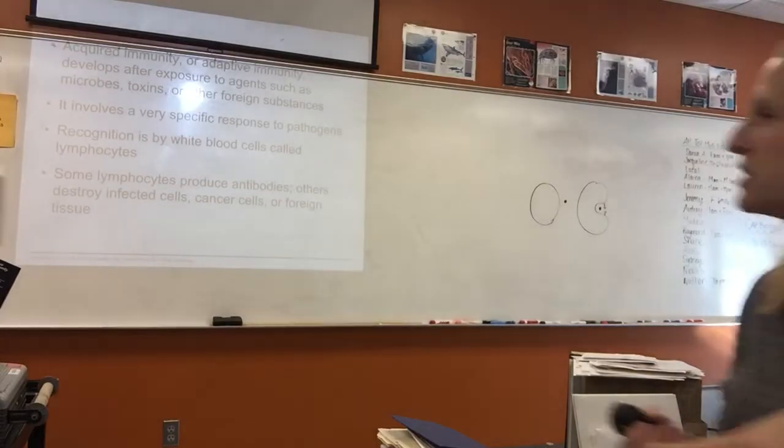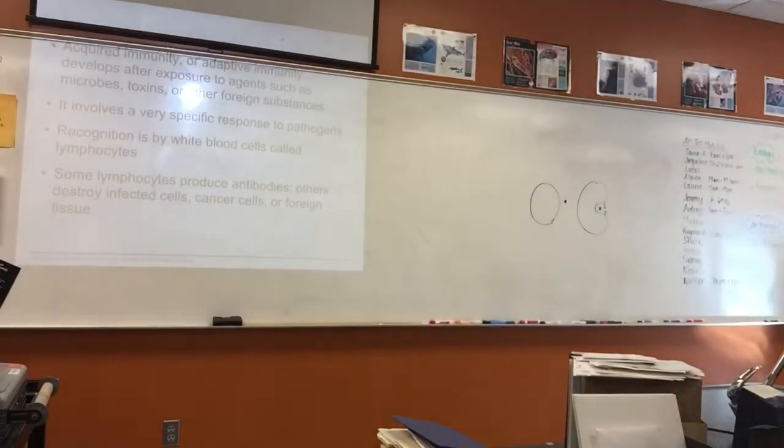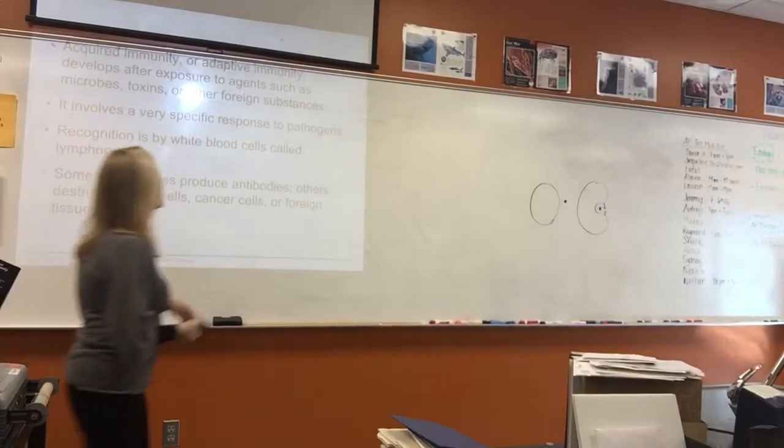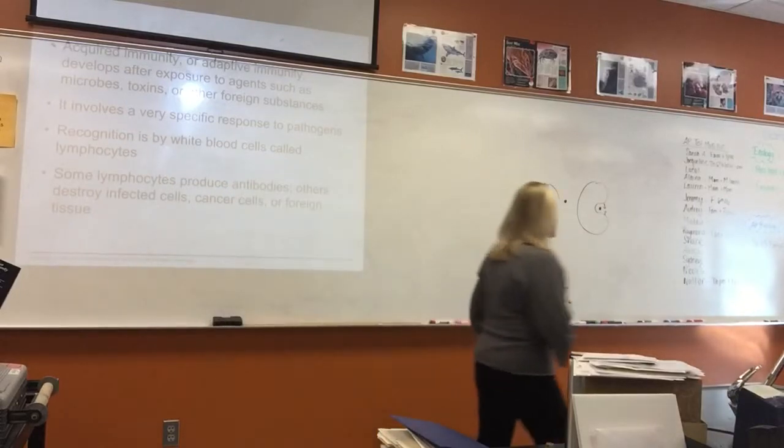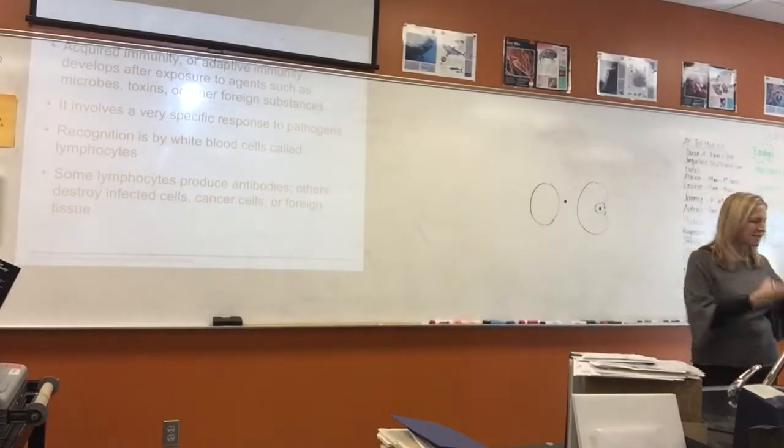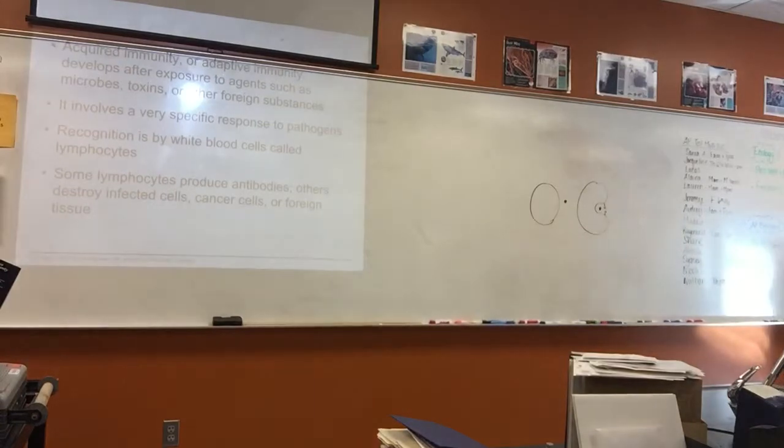So that's innate immunity. Then we have acquired immunity, or adaptive immunity it's called. This is immunity that we acquire, hence the name. Develops after exposure to agents such as microbes, toxins, and other foreign substances, like I said, fungus and so on, viruses. Involves a very specific response to the pathogen.